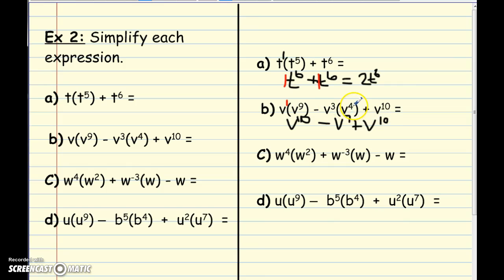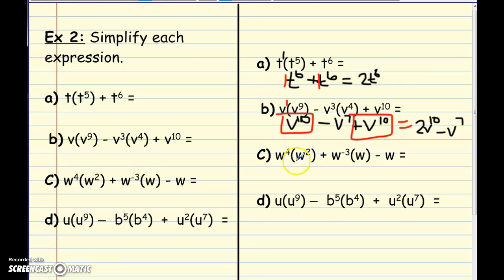Again, when you multiply, the exponent changes. The next thing that I notice is I have a v to the 10th here and a v to the 10th at the end, and so I can add them together just like the one up above, and this becomes 2v to the 10th, and then we can't forget our minus v to the 7th. Again, different exponents, we can't do anything else with it.